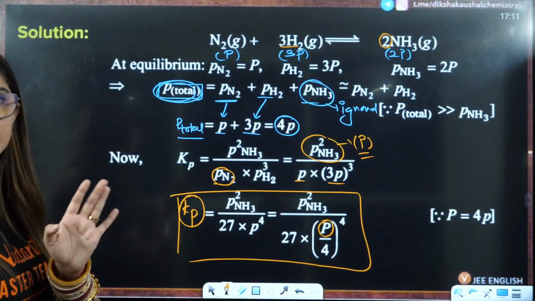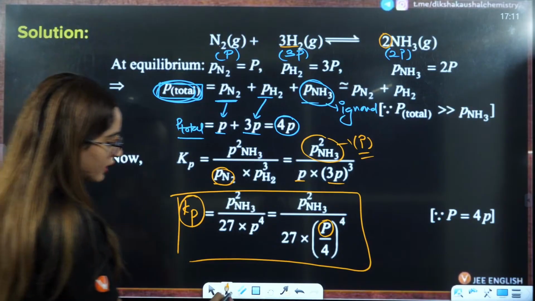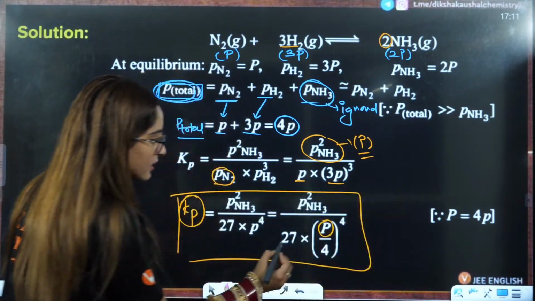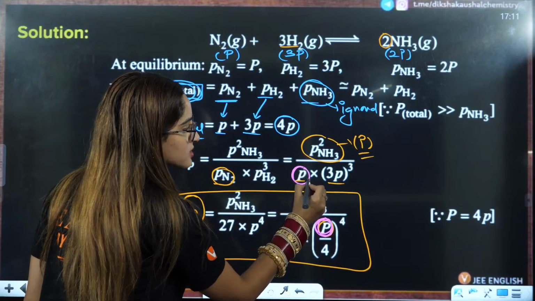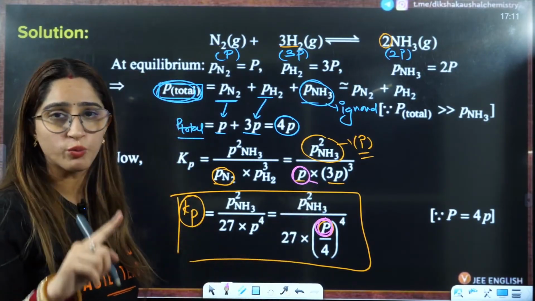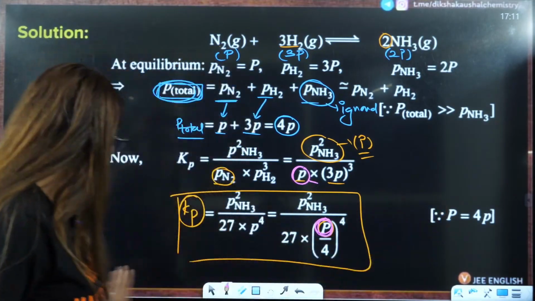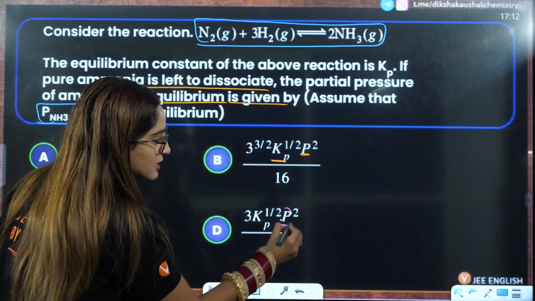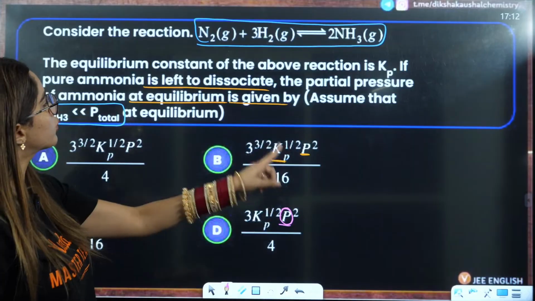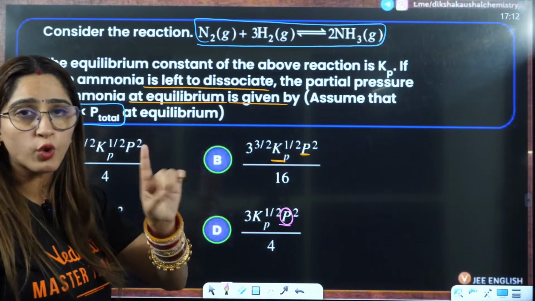Right? Now, one more thing you should know is that here it should be capital P. Here it is in small p. That is the partial pressure that we assumed, right? If you see the options, this is capital P. That means they are asking the question in capital P, that is the total pressure.